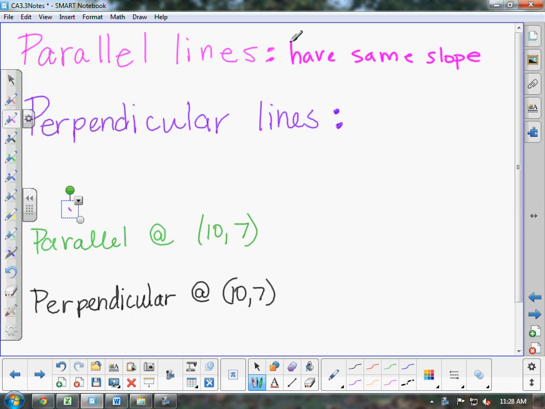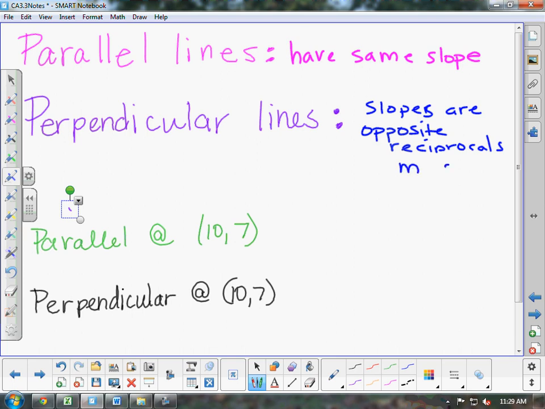And perpendicular lines, the slopes are opposite reciprocals of each other. So if one is m, the other one is the opposite of 1 over m.